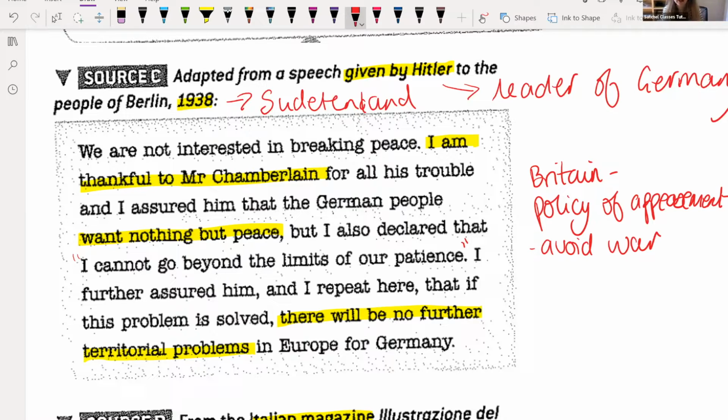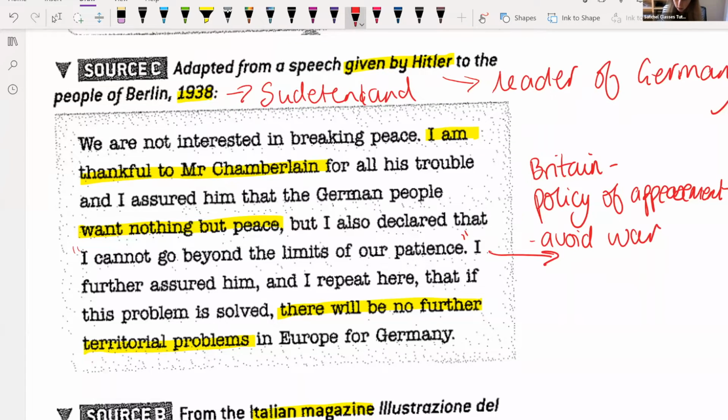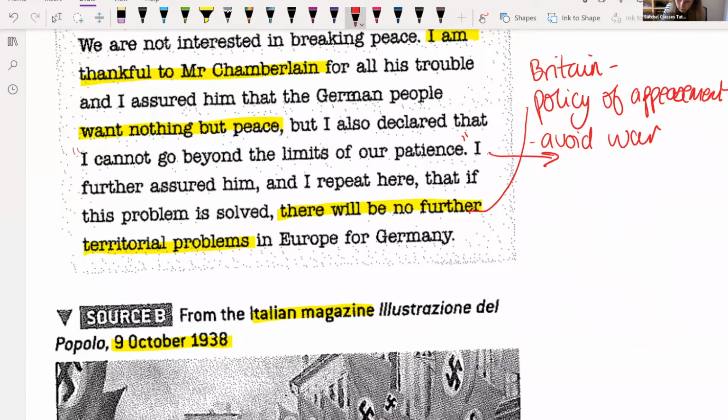So if Britain had not allowed Hitler to take the Sudetenland, it could then lead to another war, and that's not what Britain wants to do. And then again, going with the policy of appeasement, if the problem is solved, there will be no further territorial problems. We know that they had an absolute trust of Hitler's intentions. Okay, so that's what you're focusing on. Why does this mean that they are going to let Hitler get away with the Sudetenland?